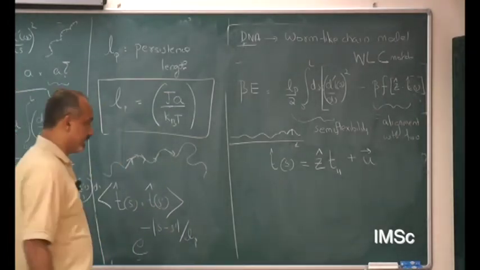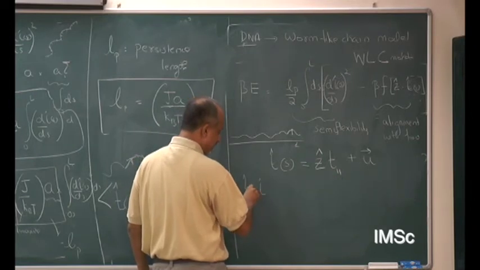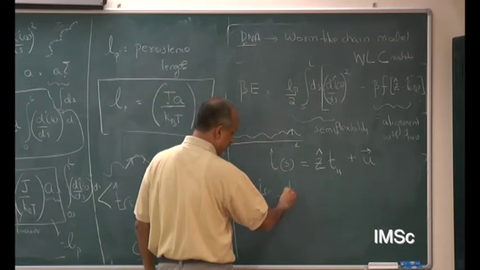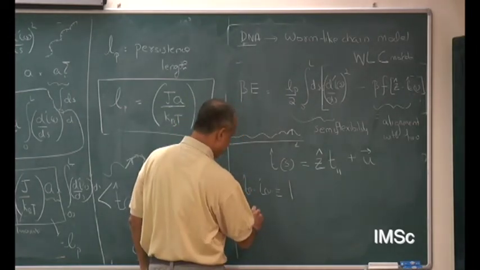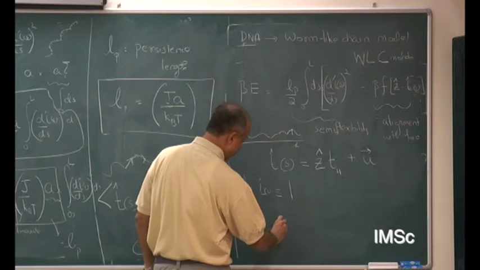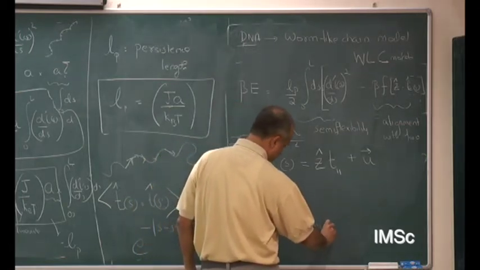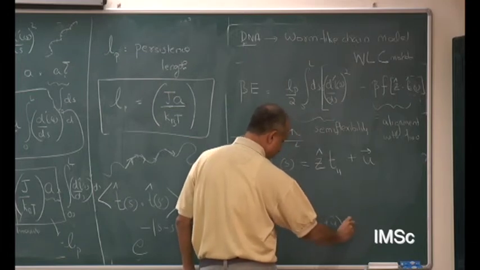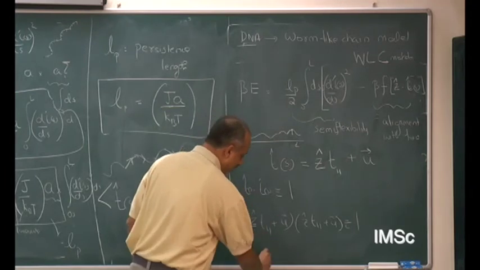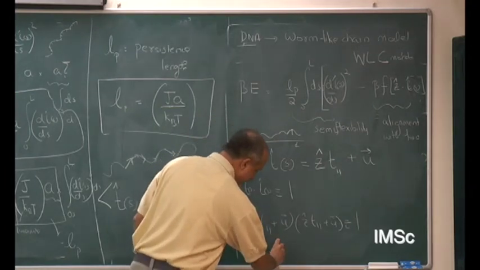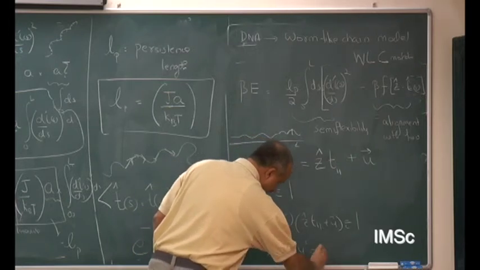Now this is a unit vector, so T hat dot T hat at the same s must be equal to 1, which means that (z hat T parallel plus u) dot (z hat T parallel plus u) must equal 1. Okay. Now because z hat and u are perpendicular to each other, this implies that T parallel squared plus u squared must equal 1.